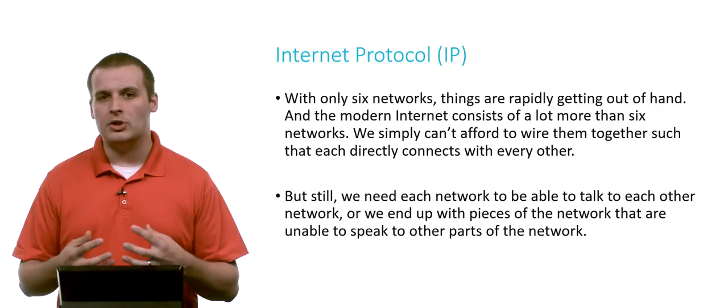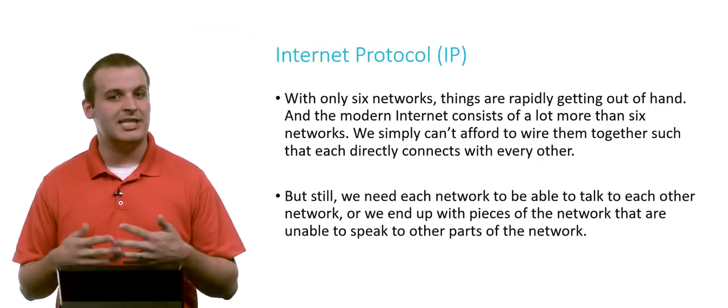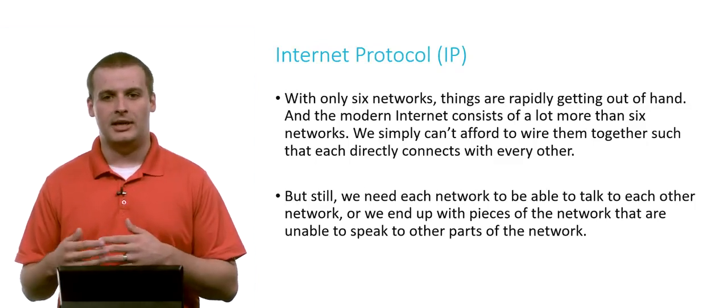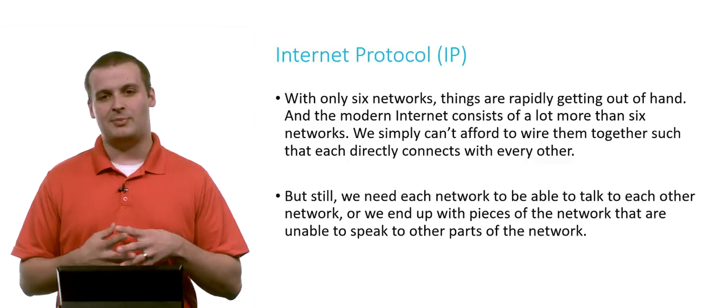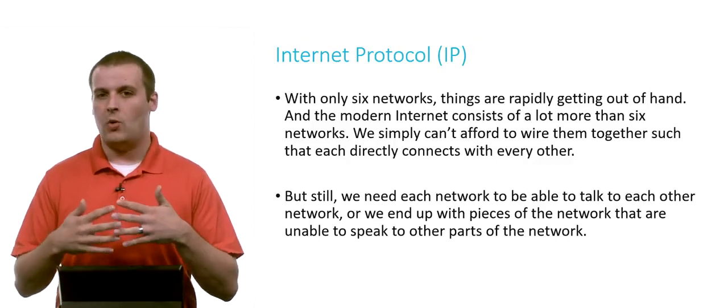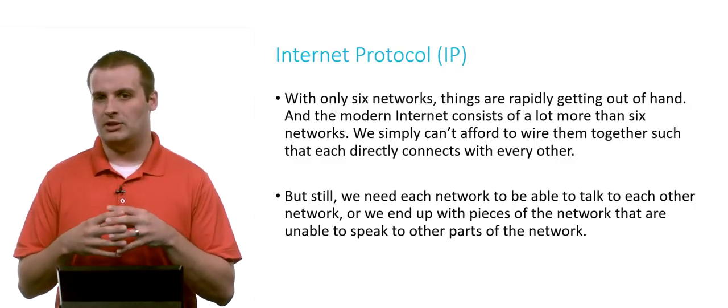We can't afford to wire each network to each other network, especially considering some of these networks span oceans, right? If we're trying to connect to a network in Asia or in Europe, we're going to have to span an entire ocean. If we need to, we're going to need to use wires at some point, but we want to minimize the number of wires we actually use.